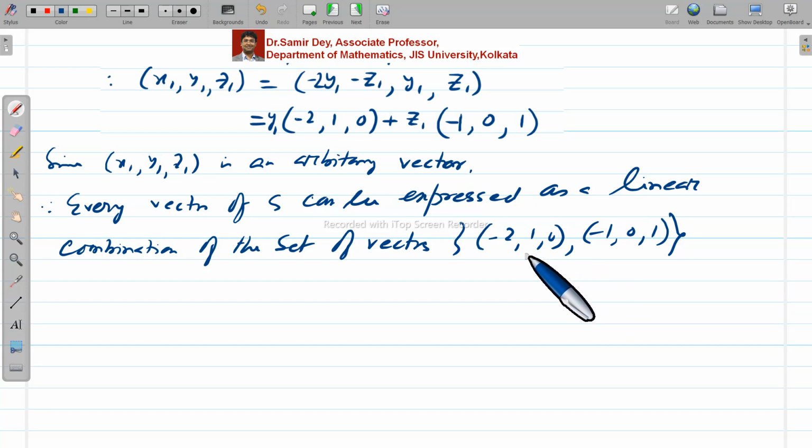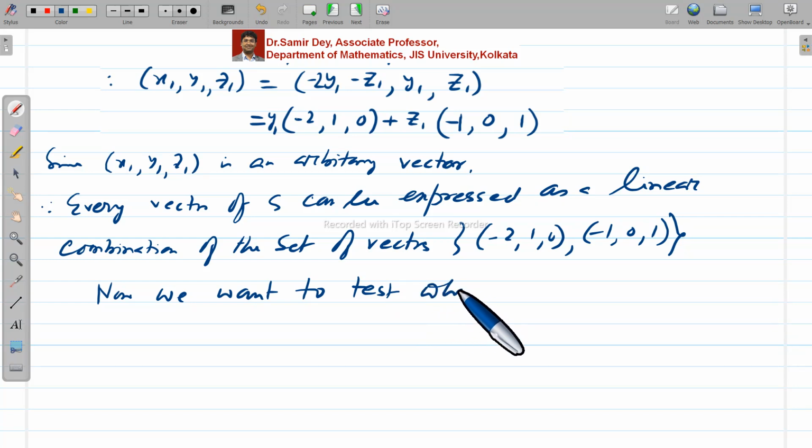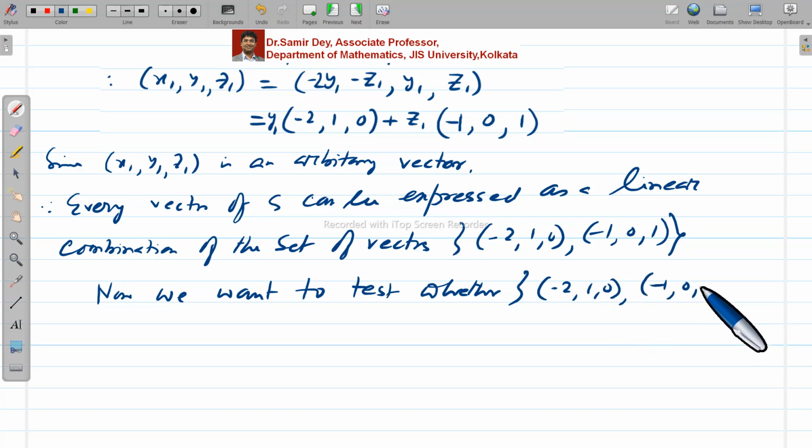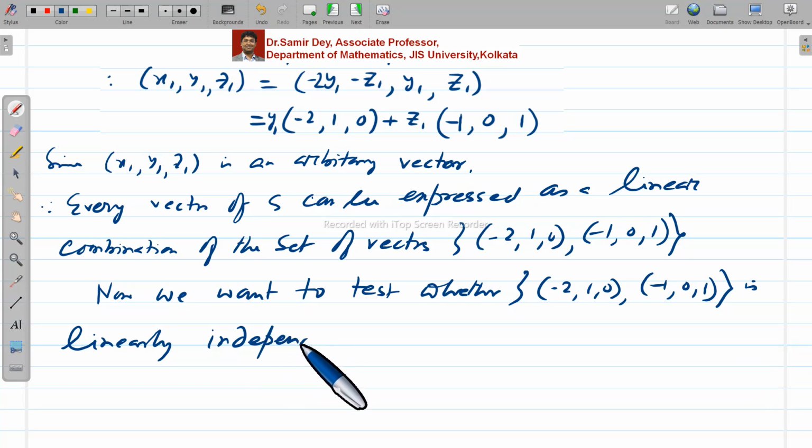Okay, now you need to prove whether this set of vectors is linearly independent or not. Now please write down. Now we want to test whether the set -2 1 0, -1 0 1 is linearly independent or not.